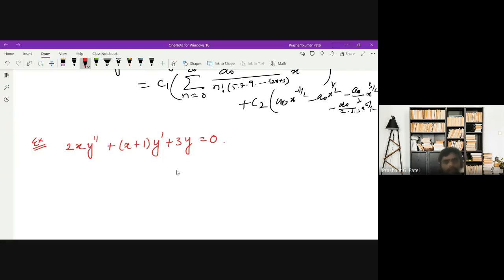If it is an ordinary point, if x is equal to 0 is an ordinary point, then you can assume the solution will be summation a n x raised to n. But it is not, then you have to do something else, in the manner which we did earlier. So we have to do it in that manner.